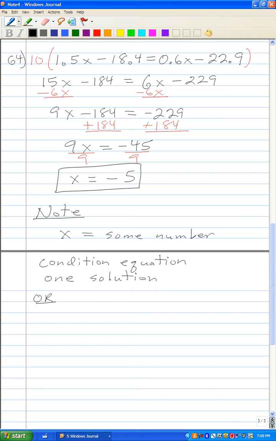Suppose the x's cancel. Somehow you cancel all the x's. So then you come up with an equation where you have a number equal to a number.